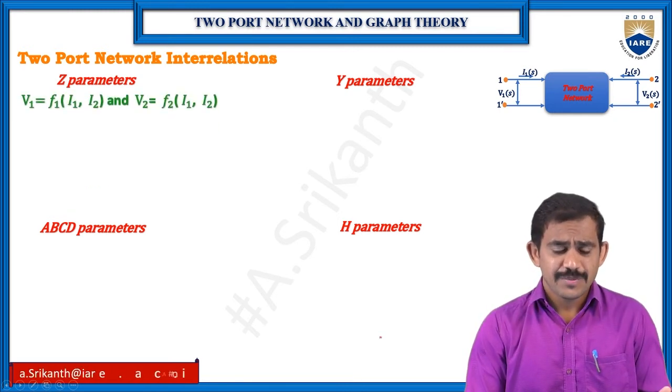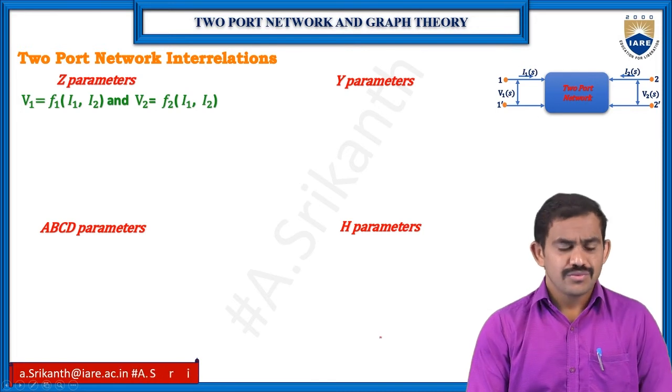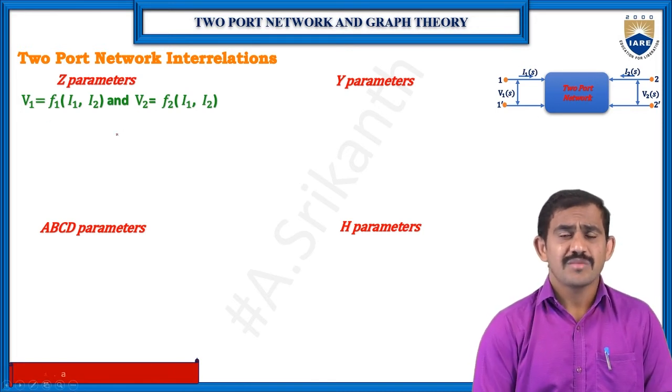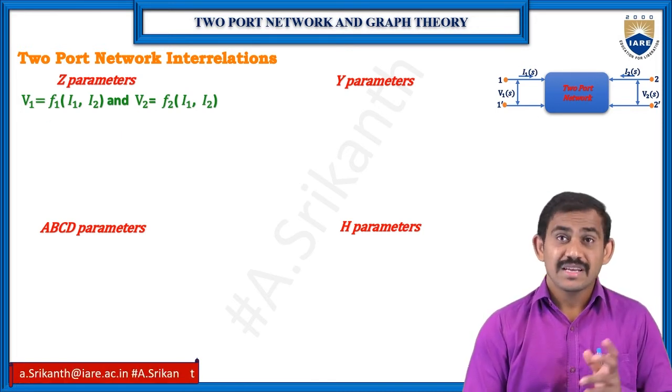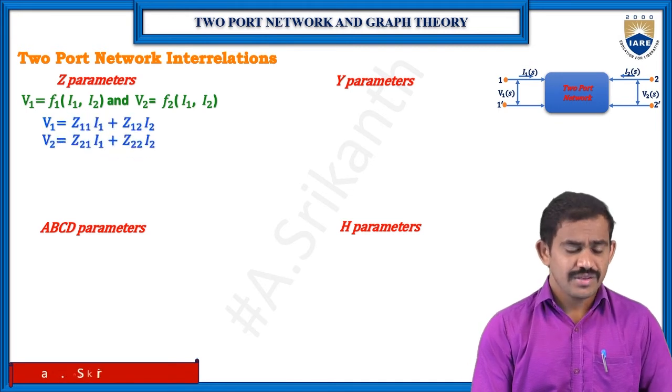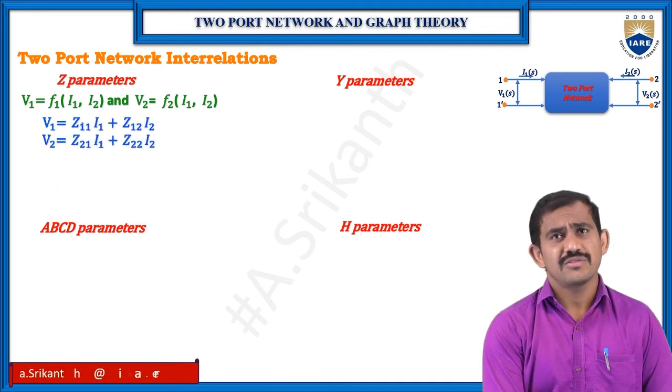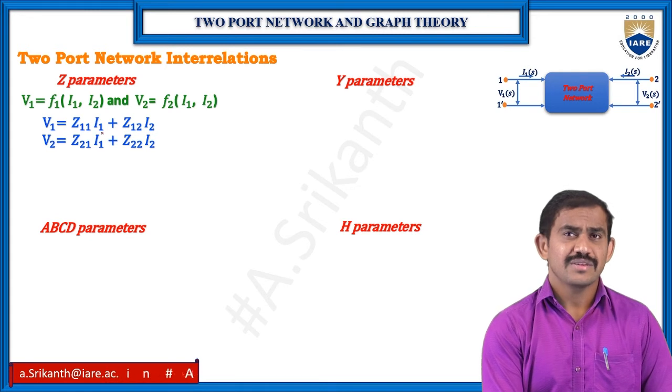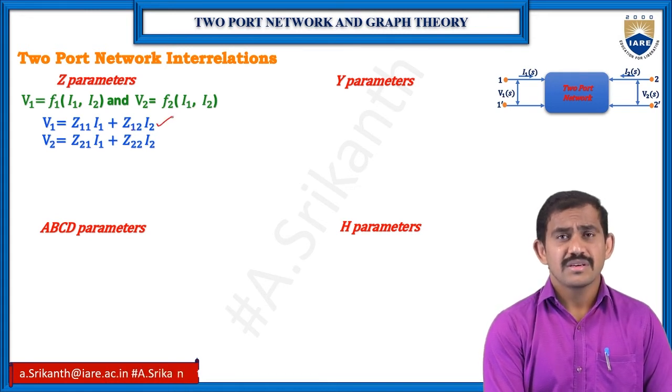So Z parameters: V1 and V2 in form of I1 and I2. The equations are V1 = Z11 I1 + Z12 I2, and V2 = Z21 I1 + Z22 I2.